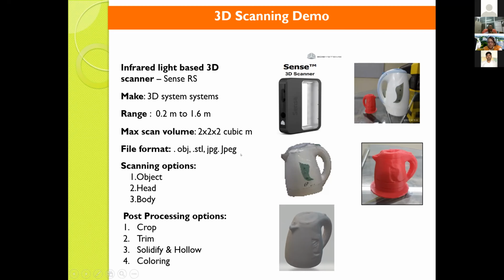All the file formats we generally take. There is a facility to select whether we are going to scan an object, a head, or the complete body of a person. There are three options given there.